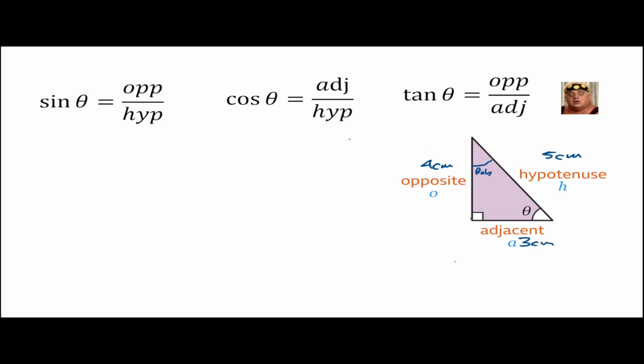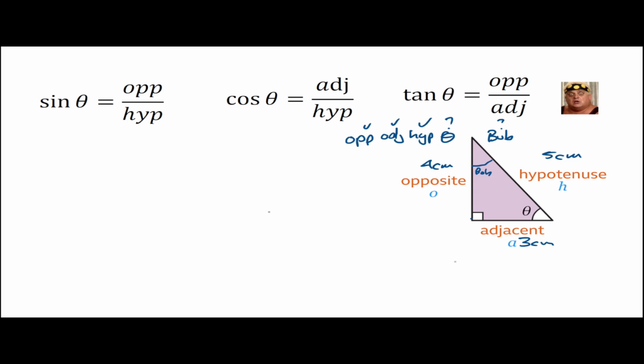Alright, so in this case we've got the opposite, the adjacent, and the hypotenuse, and we're looking for theta and Bob. Which one are we going to use?